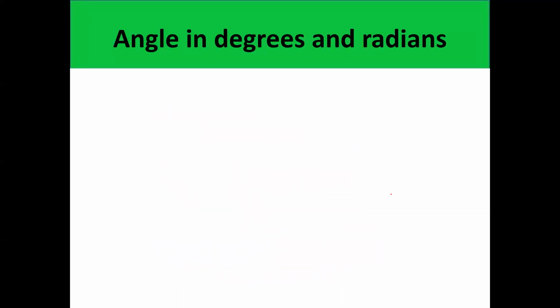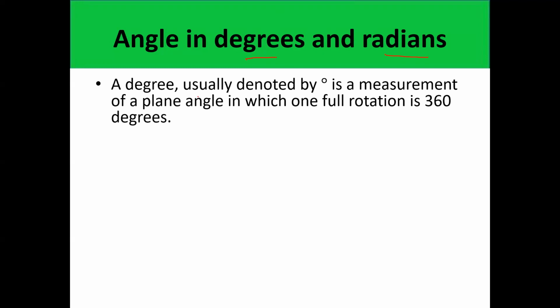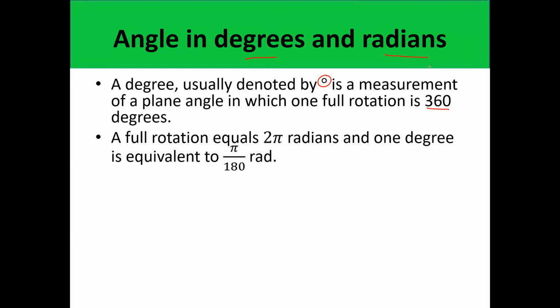Now, angles are measured in two ways. They can be measured in degree measurement or in radian measurement. A degree, usually denoted by this symbol, is a measurement of a plane angle in which one full rotation is 360 degrees.